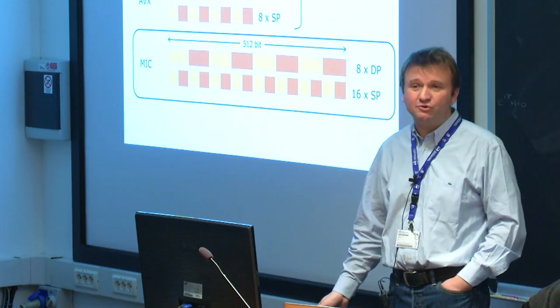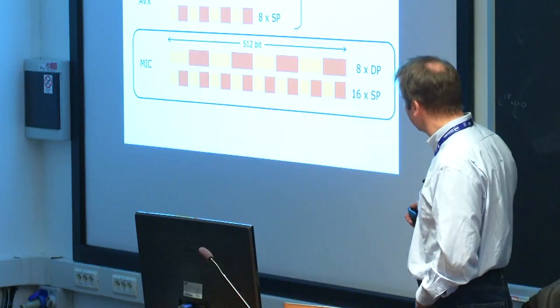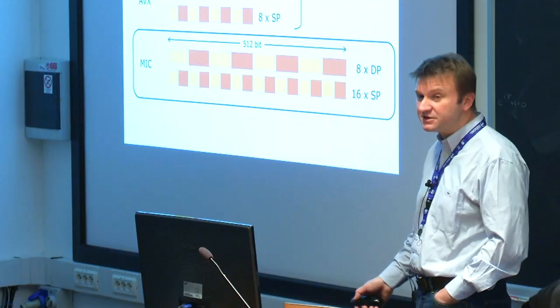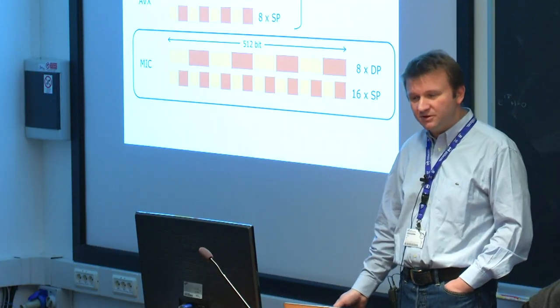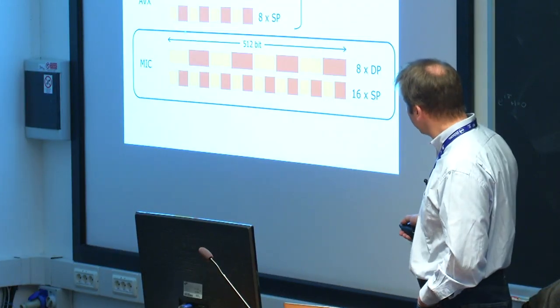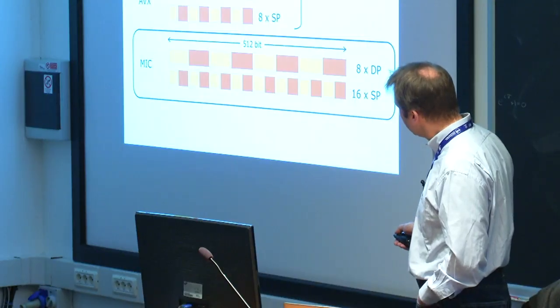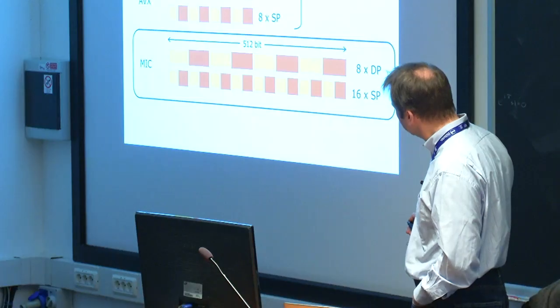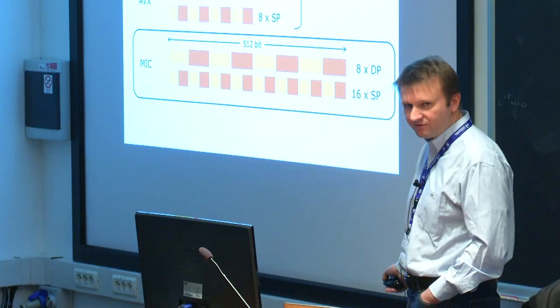On each core, you have two of them, to say the truth. So you have this huge vector unit, which in a way is a sort of small GPU. Why is it a small GPU? Because if I would like to use this properly, all these FPUs you see here are not independent from each other.